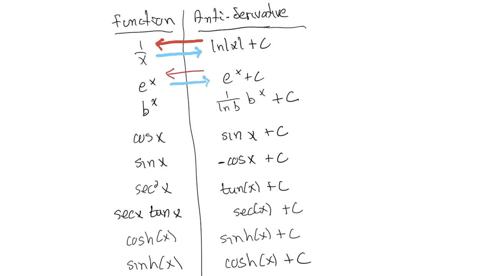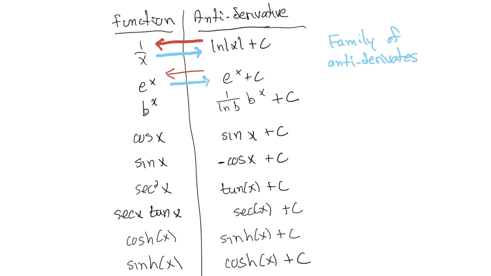These antiderivatives are true for any value of that constant. That constant could be 7, square root of e, pi cubed, whatever it is. It could even be 0. But we want to discuss the most general antiderivative, and that's always going to involve some constant.